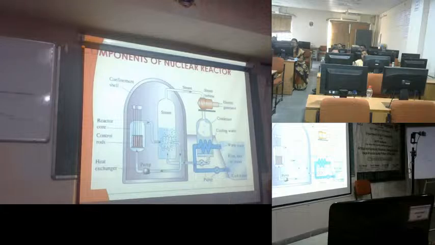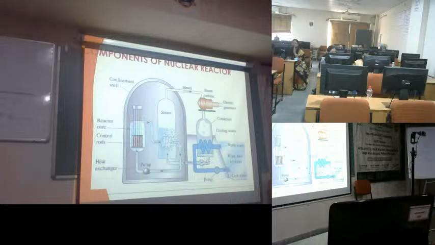For example, if there is only one point and I want to hit it with a very high speed, the probability of missing it will be very high. But if I throw with a controlled speed, the probability of hitting it will be very high. Similarly, because the fission reaction produces neutrons having very high energy, known as fast neutrons, they are incapable of hitting the uranium nucleus, and due to this we will not be able to sustain the nuclear reaction.